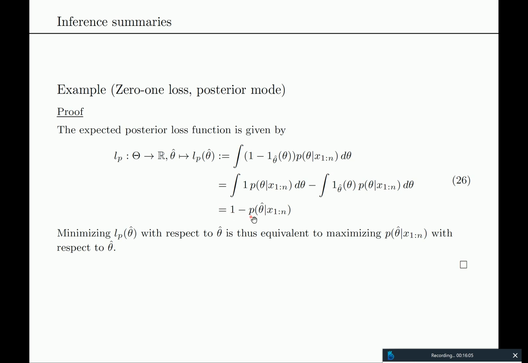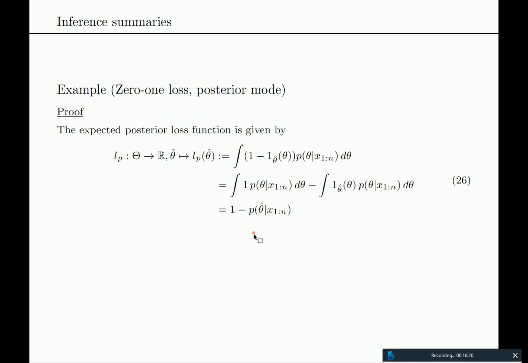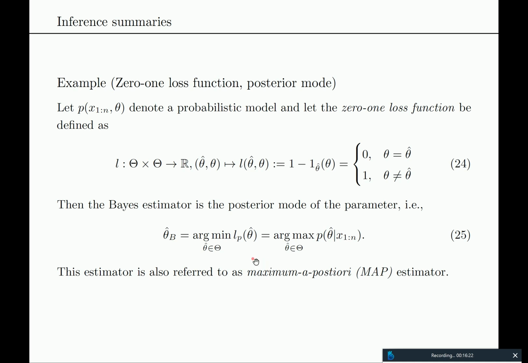If you want to minimize this, it is of course the same as maximizing the thing that you subtract from 1. And then you've shown that the MAP is the Bayes estimator under a 0,1 loss function.